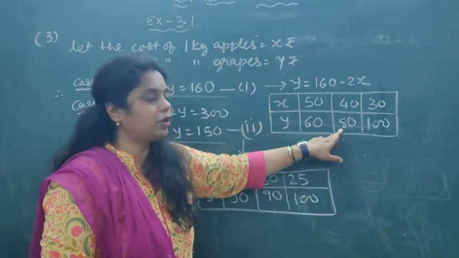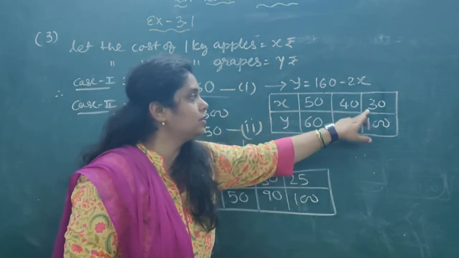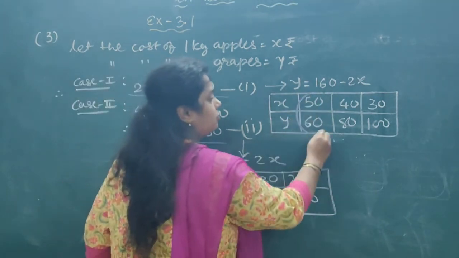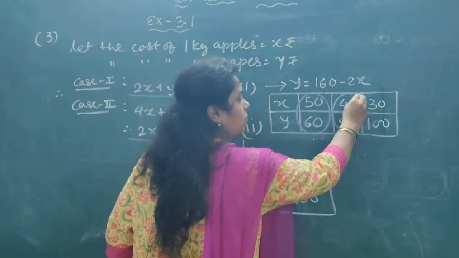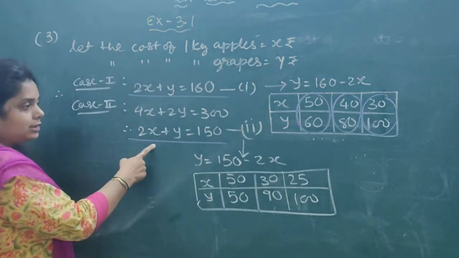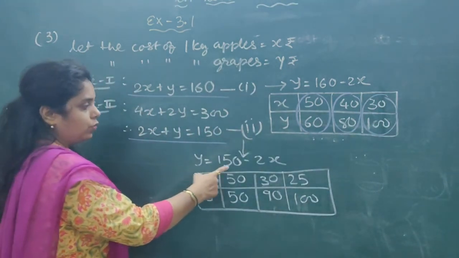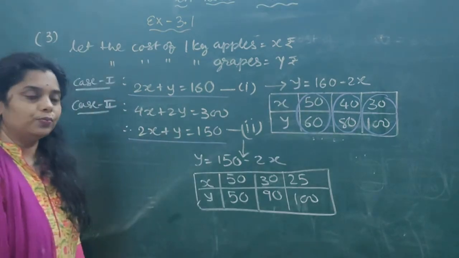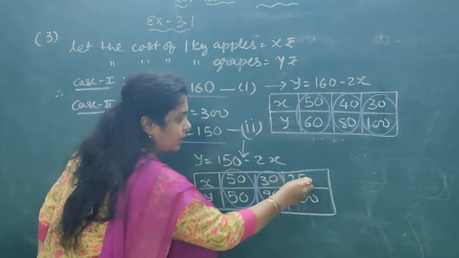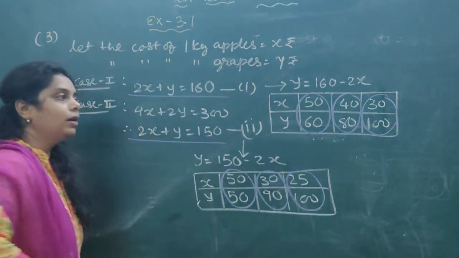Here x is equal to 40, y is equal to 80, and x is equal to 30 and y is equal to 100. So in short, the points are (50, 60), (40, 80) and (30, 100). In the second, again it is the same, y is equal to 150 minus 2x. So again (50, 50), (30, 90) and (25, 100).